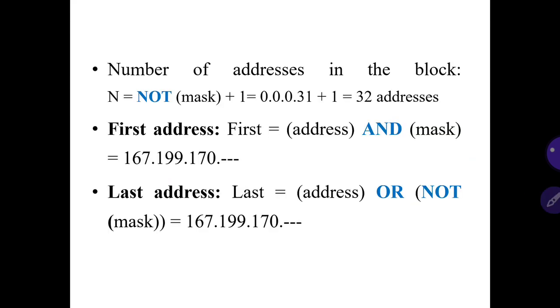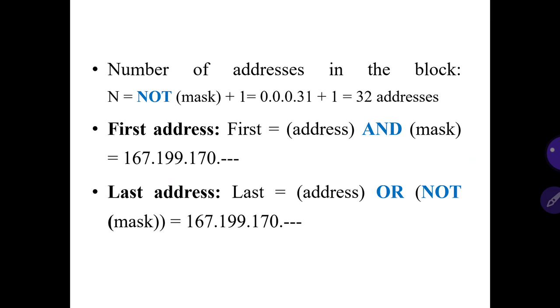Number of addresses in the block N is equal to NOT of mask plus 1. NOT of mask has 5 zeros, which become the rightmost 5 ones, that is equal to 31 plus 1, equal to 32 addresses.